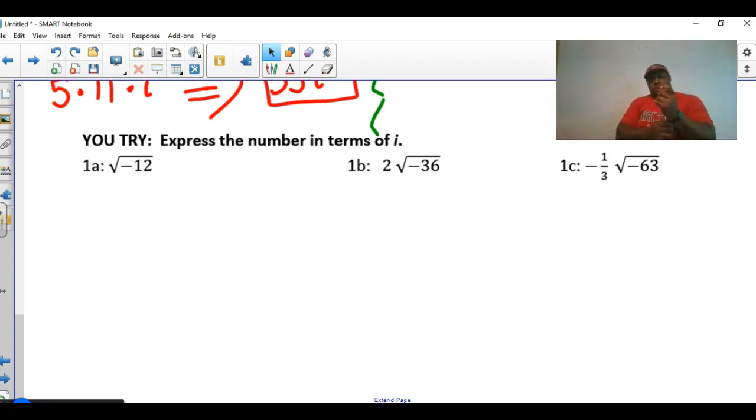This is important to your success, because I need you to practice so I can see your errors and your dilemma. I don't want you to just write the answers down, because I can't help you then. I really want to help you and see you succeed. So you got to try them, and it's okay if you don't get what I got.